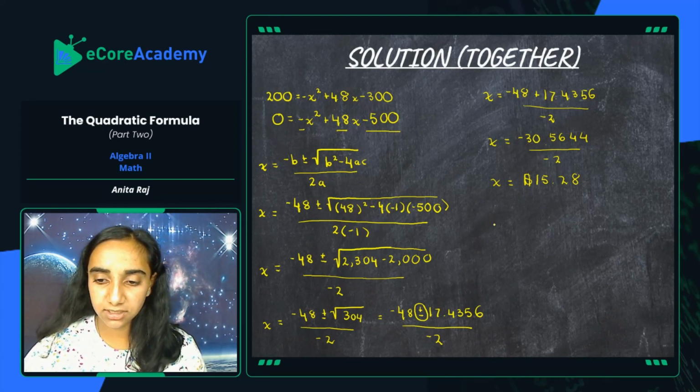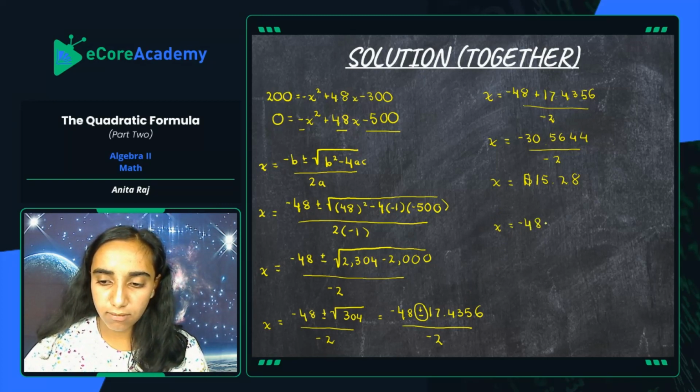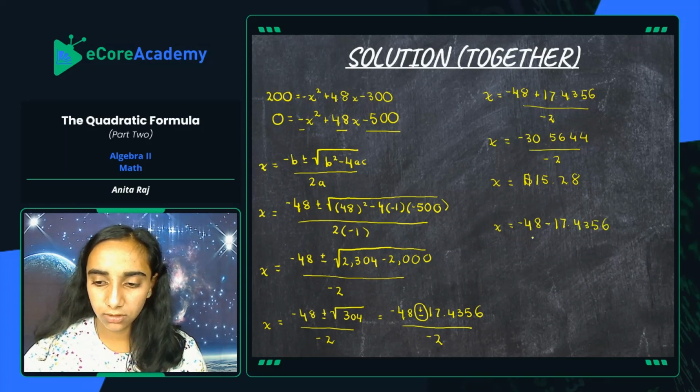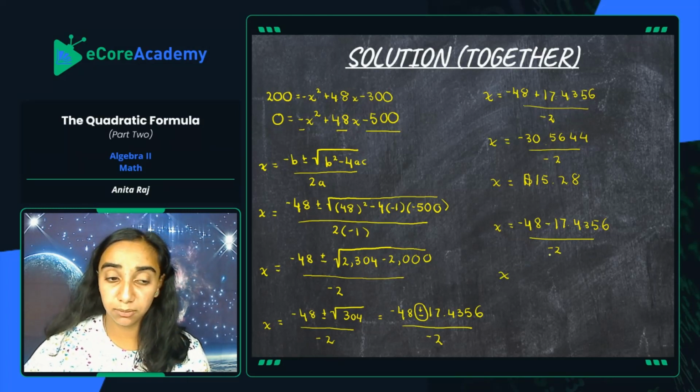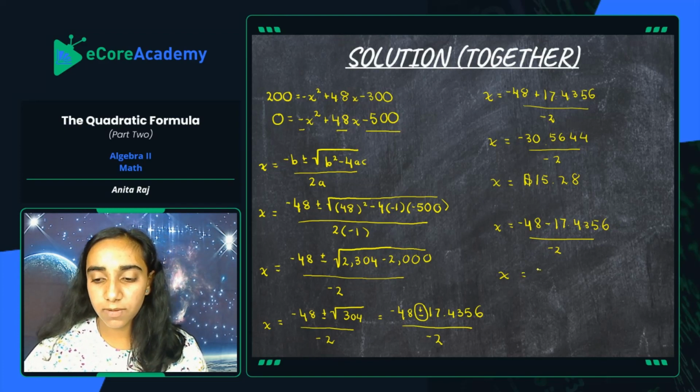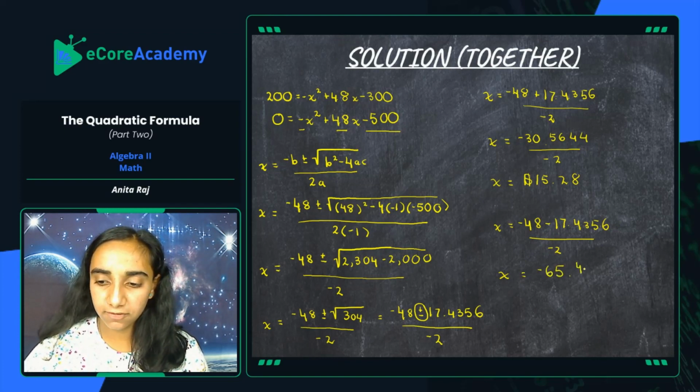So if we do x is equal to negative 48 minus 17.4356 over negative 2, then we get x is equal to, well, negative 48 minus 17 point blah, blah, blah, which is about negative 65.4356 over negative 2, sorry.